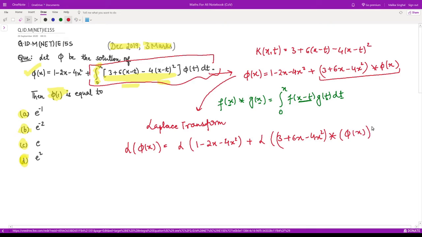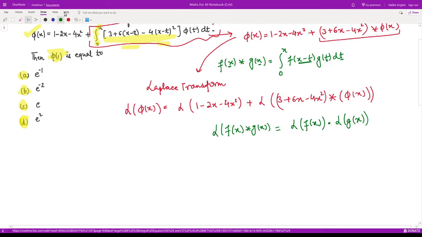Now in the Laplace transform, we know another result: the Laplace of the convolution of two functions is simply equal to the product of the Laplaces of the individual functions. So here it would be Laplace of f of x multiplied by the Laplace of g of x, right? This I have told you in the earlier videos also.